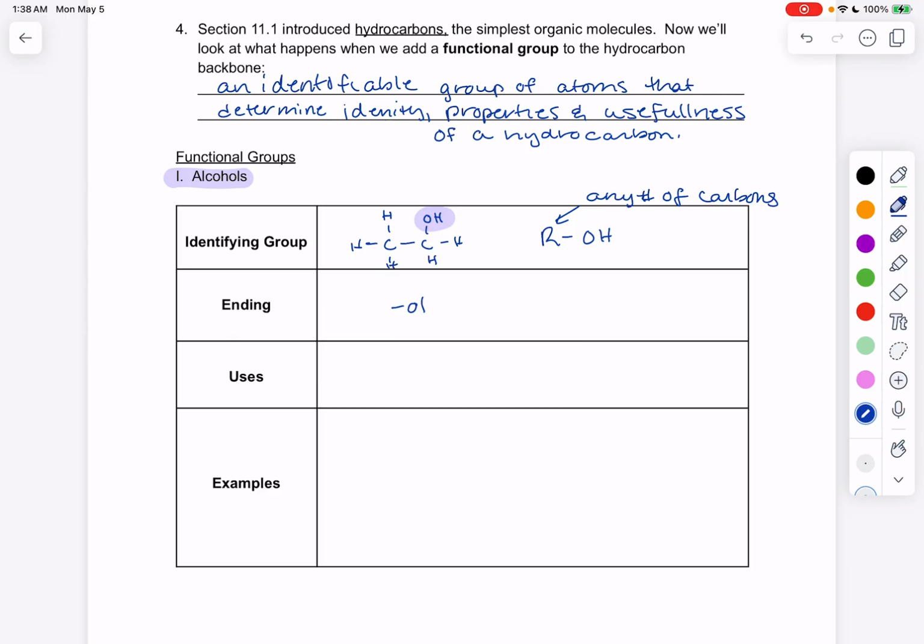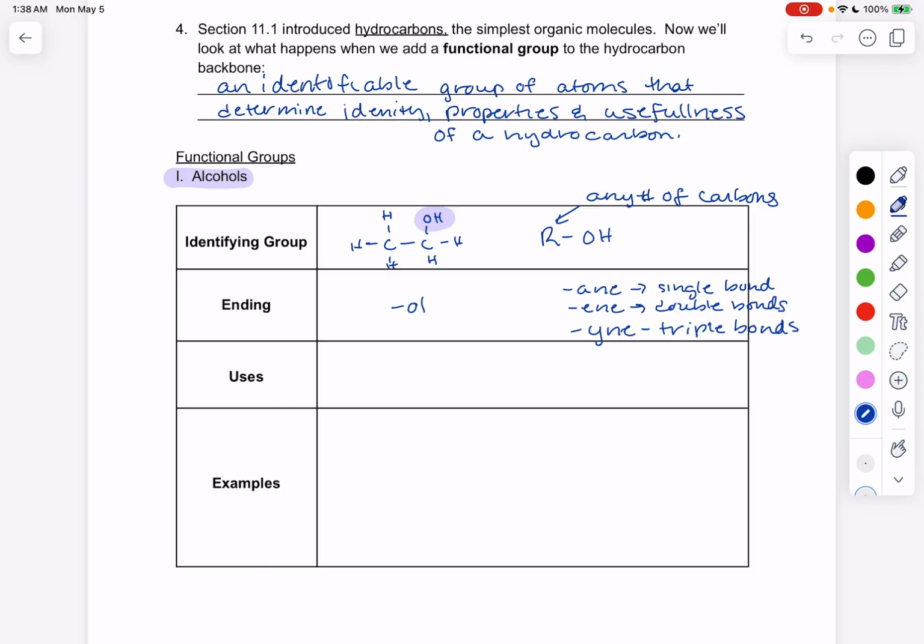So don't forget that ANE indicates single bonded hydrocarbons, ENE is double bonds, and YNE is triple bonds. Now, you're going to ask me, Dr. Van, why do we have another thing that we have to put at the very end? Well, here's what we're going to do.